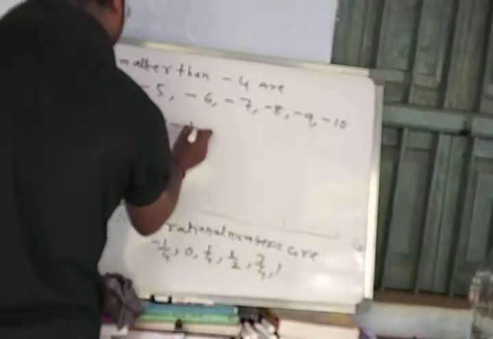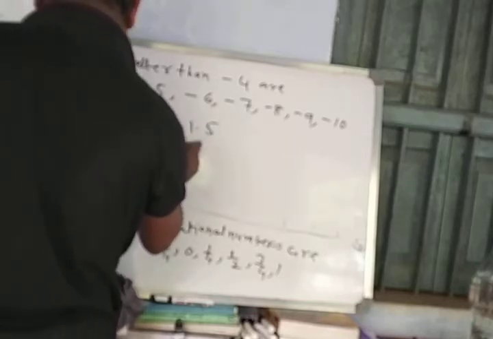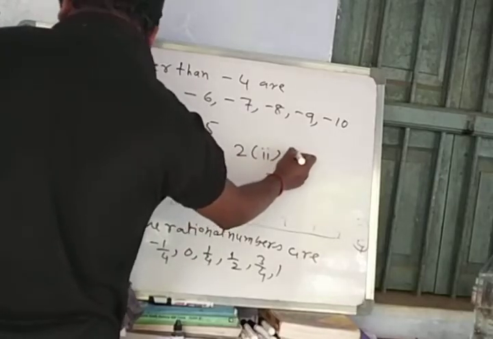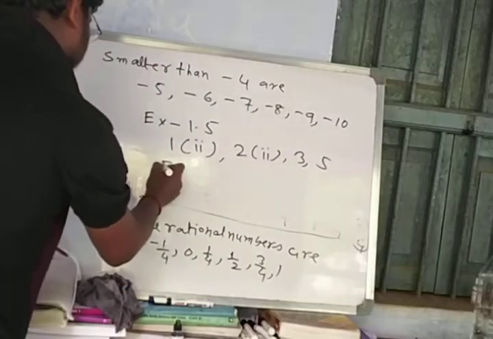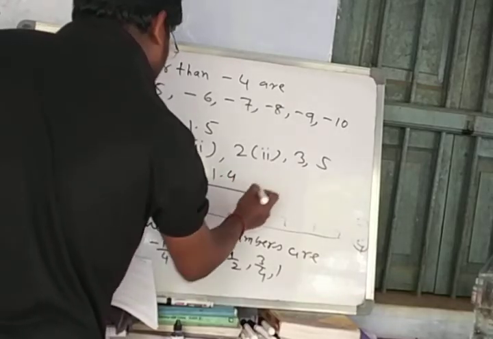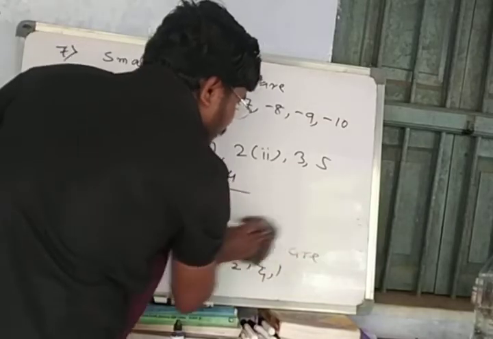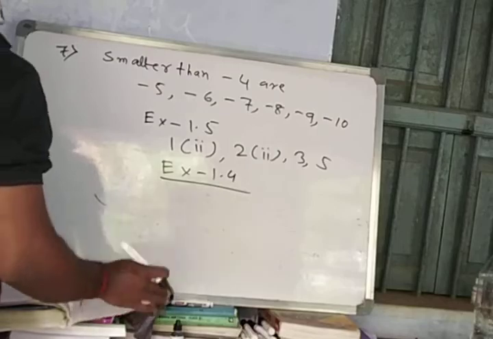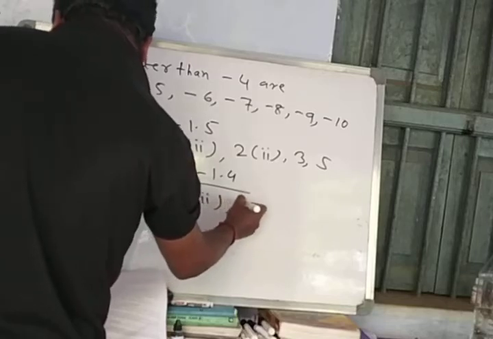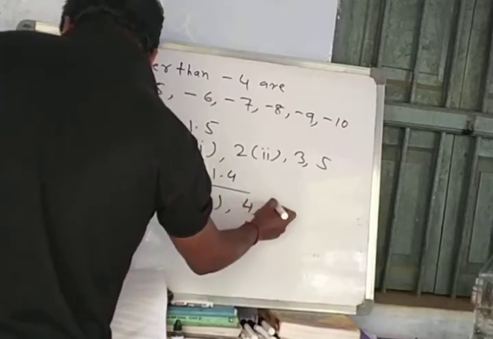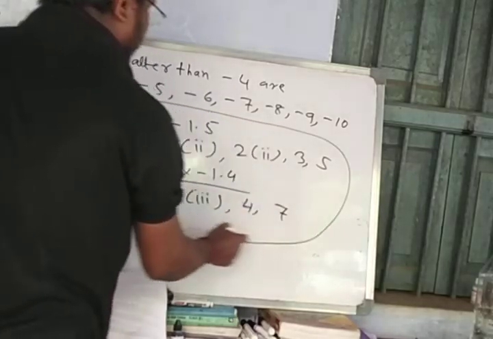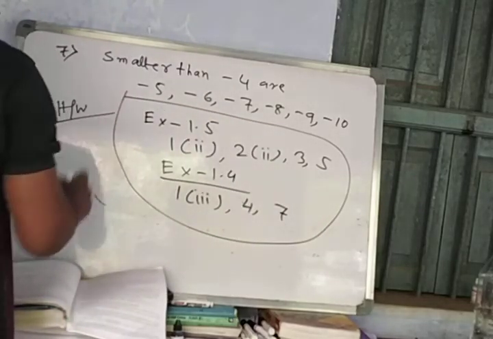Exercise 1.5, questions 1, 2, 2, 2 and number 3, number 5, and in exercise 1.4, one, 3, number 4, number 7. Okay, these are today's homework.